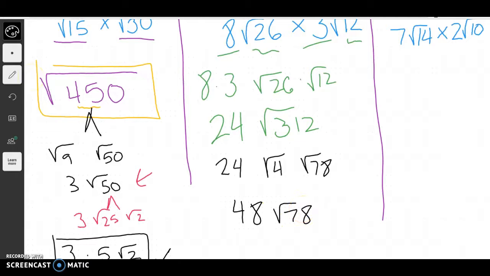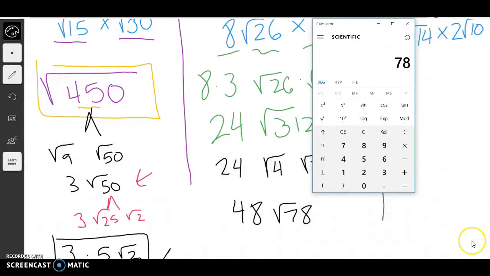Okay, now we have 78 to deal with. Now we're just going to try a couple things with 78 because I don't know how much we could do. So is it divisible by 4? Nope, 78 isn't divisible by 4. Is it divisible by 25? Nope. Is it divisible by 64? Nope.